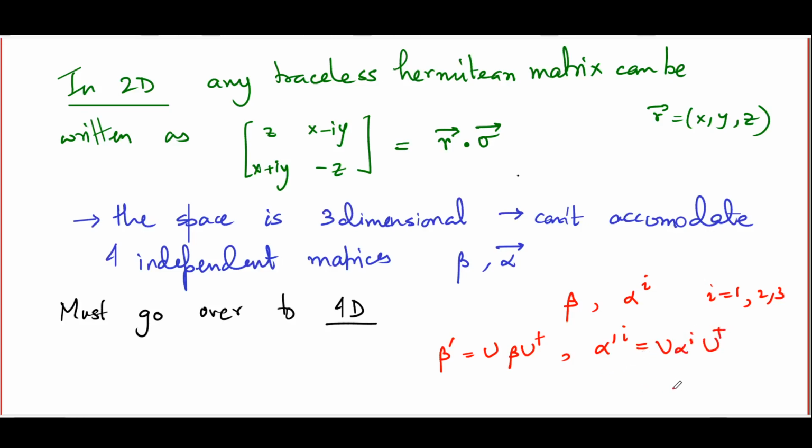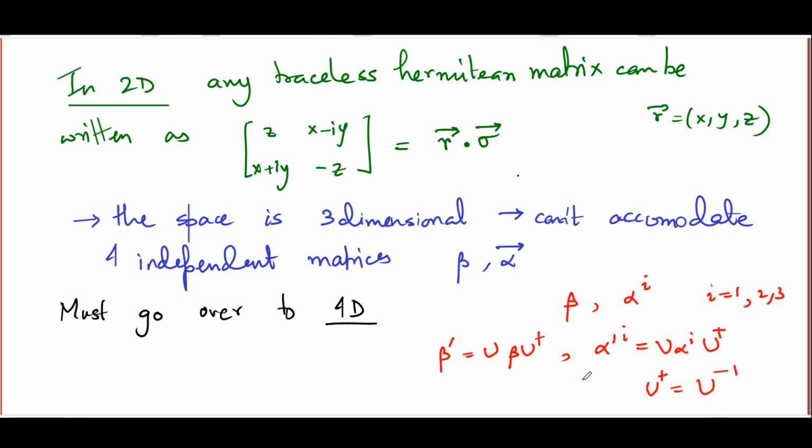Remember, a unitary transformation is just a similarity transformation with the matrix carrying out the transformation being unitary. So U dagger is U inverse. You can easily check that the resulting new matrices beta prime, alpha prime 1, alpha prime 2 and alpha prime 3 will each be traceless and Hermitian, and what is more important for us really is that they will also satisfy the basic conditions that we had laid down, Dirac's basic conditions.